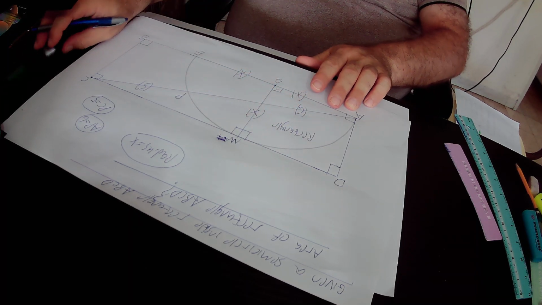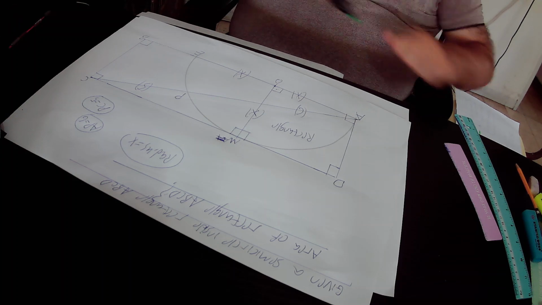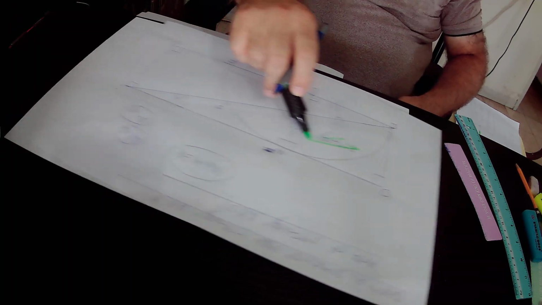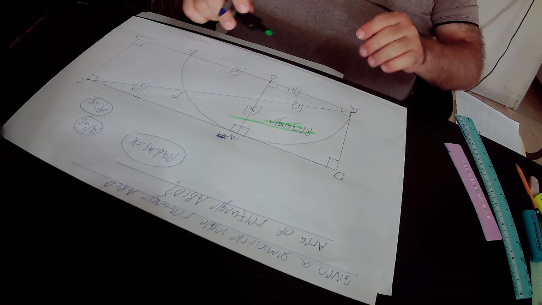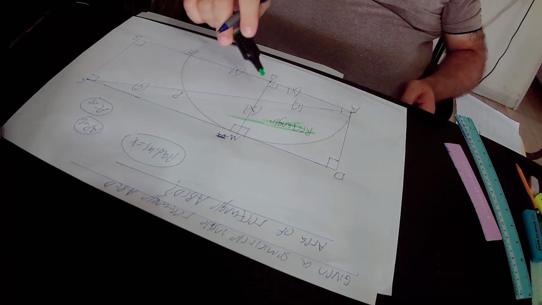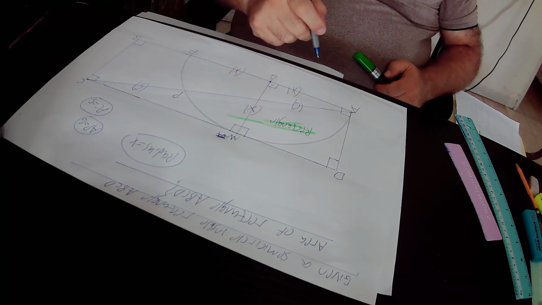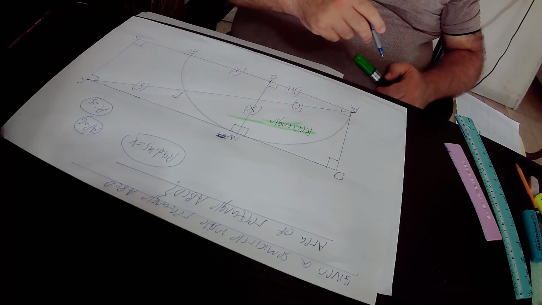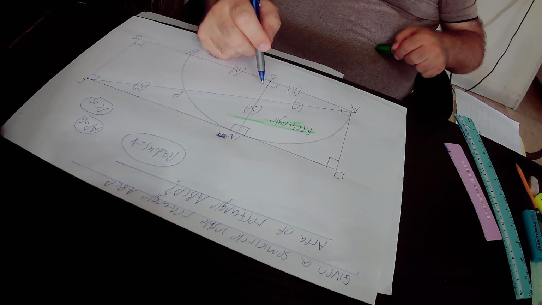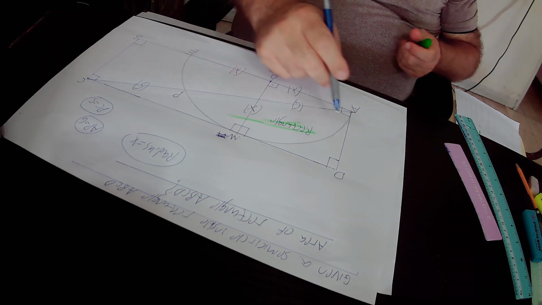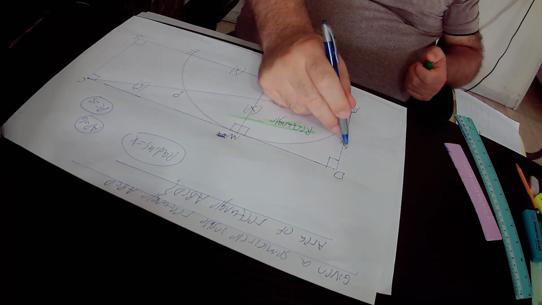But we also know that the opposite sides of a rectangle are equal to each other. So in rectangle ADMO, side MO must be equal to the opposite side DA. But MO is x, therefore DA must also be equal to x units in its length.